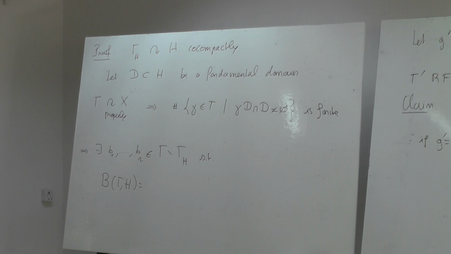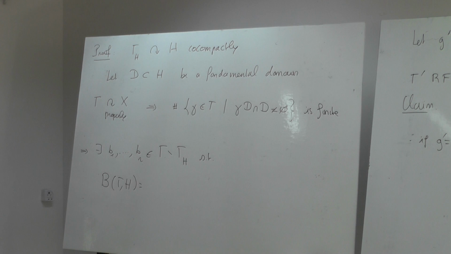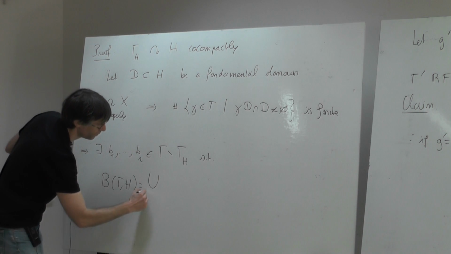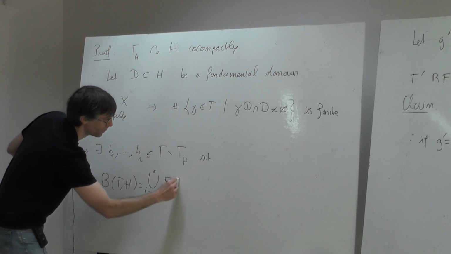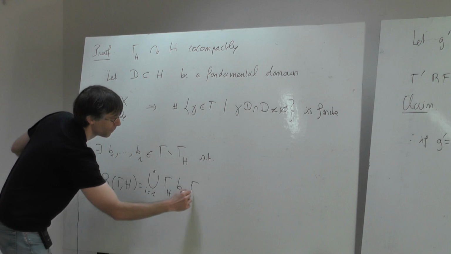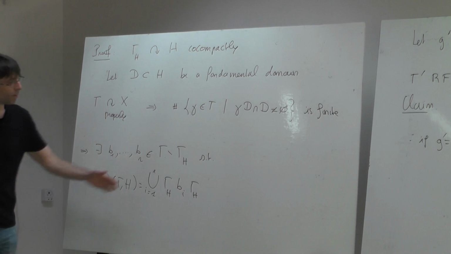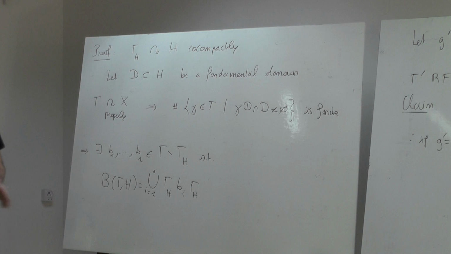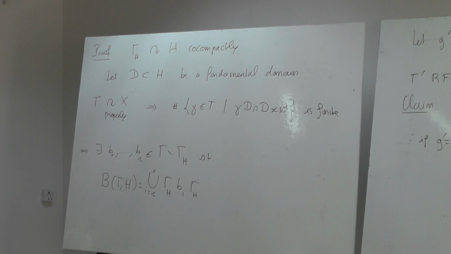And the same here, I could have translated along this geodesic. So in fact, the set of bad elements is the union of finitely many double cosets. I can move by gamma H on the right and on the left to get back to the fundamental domain, and we have this element.